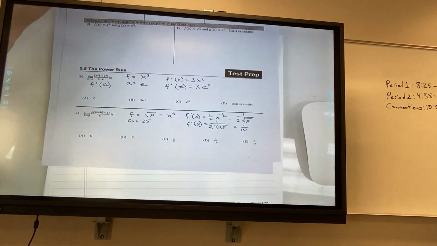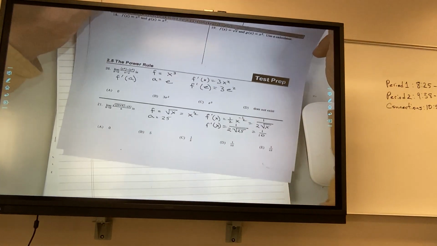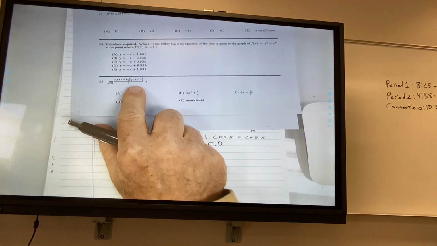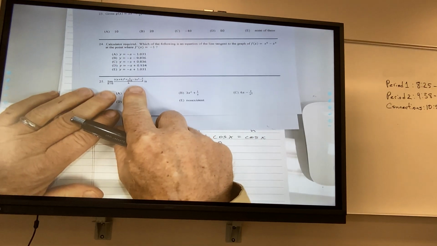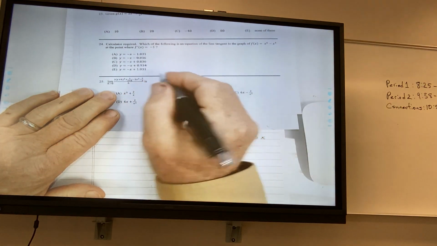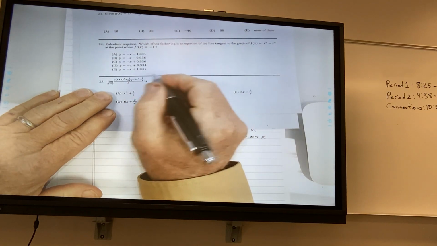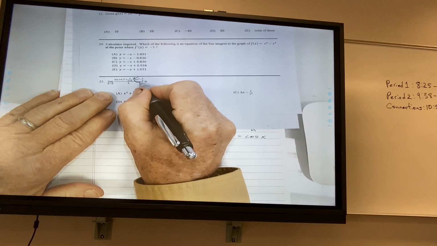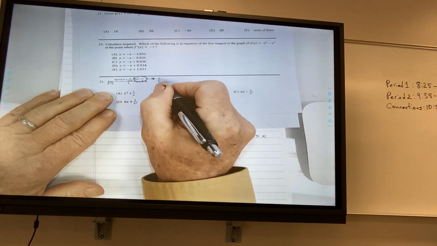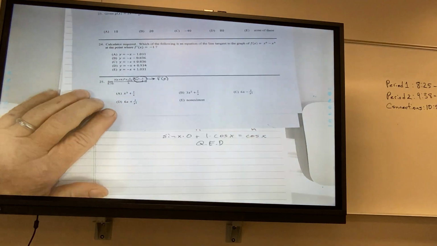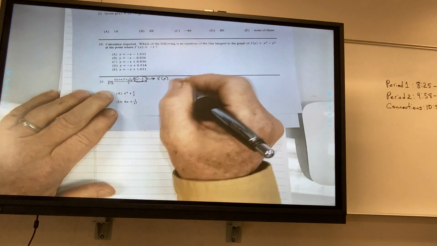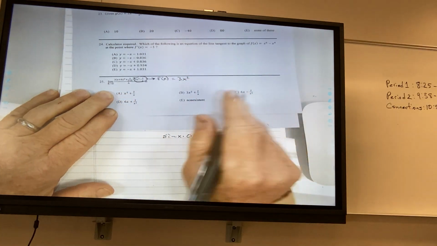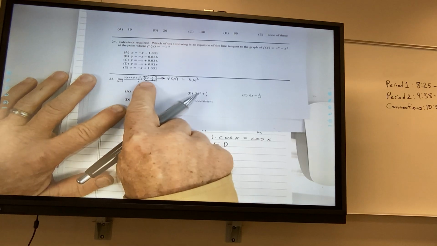So let's look at this problem, number 26. It's not written very well. There's a minus sign right here. It's hard to see. But this portion right here is f of x. So f of x is 3x squared, right? It's minus f of x.